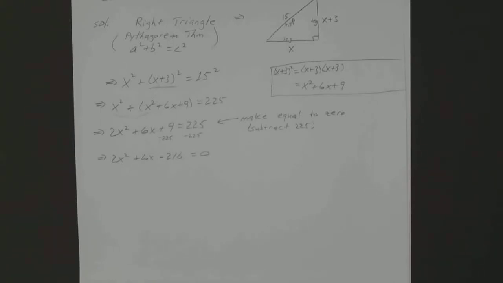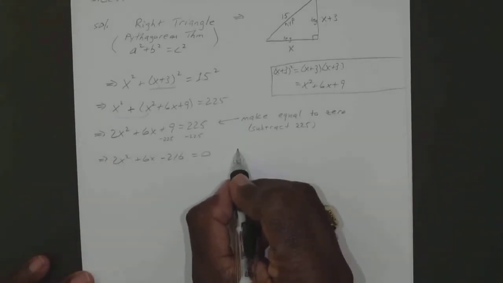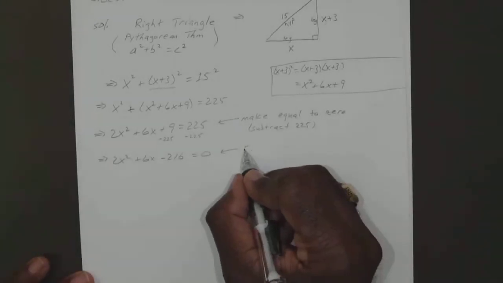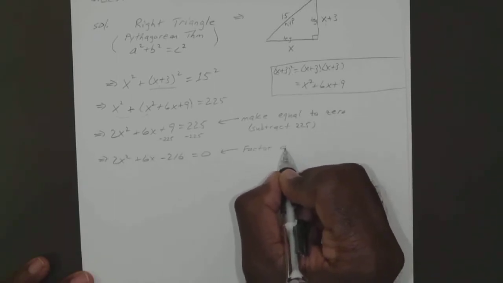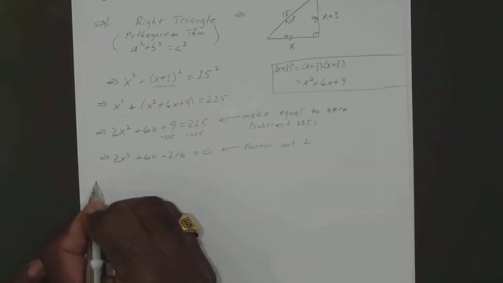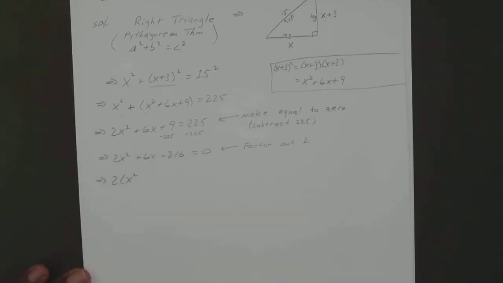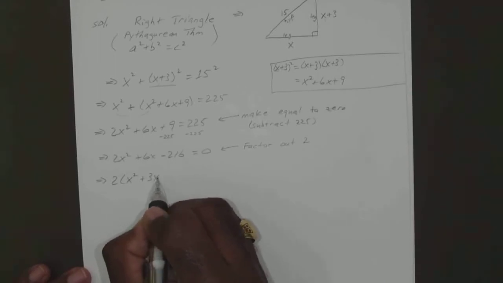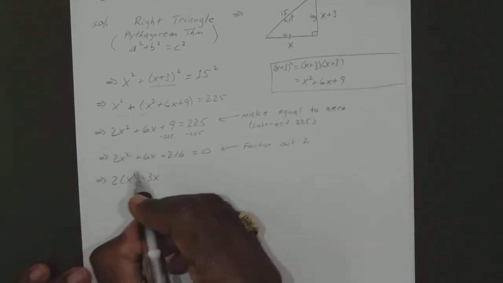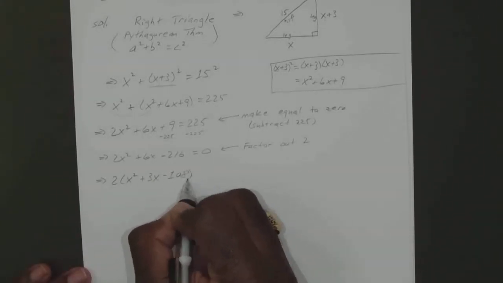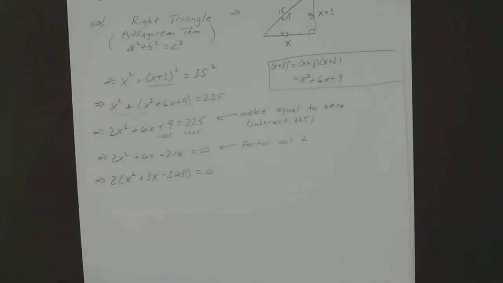Now with this one we're in luck because we can actually factor out a 2 from each term. So we don't have to worry about 2 times 216 and all that other stuff. So we can make it a little bit smaller. Okay, so you have 2 times (x squared plus 3x minus 108) equals 0.